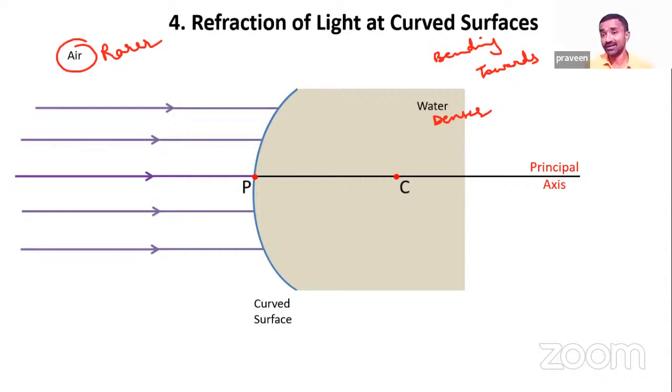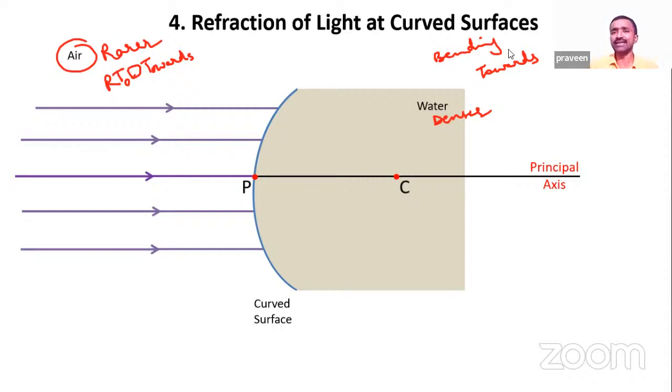You can use a simple code for remembering: RT DT. Rarer to denser, towards. So the bending is towards the normal, which you can imagine.